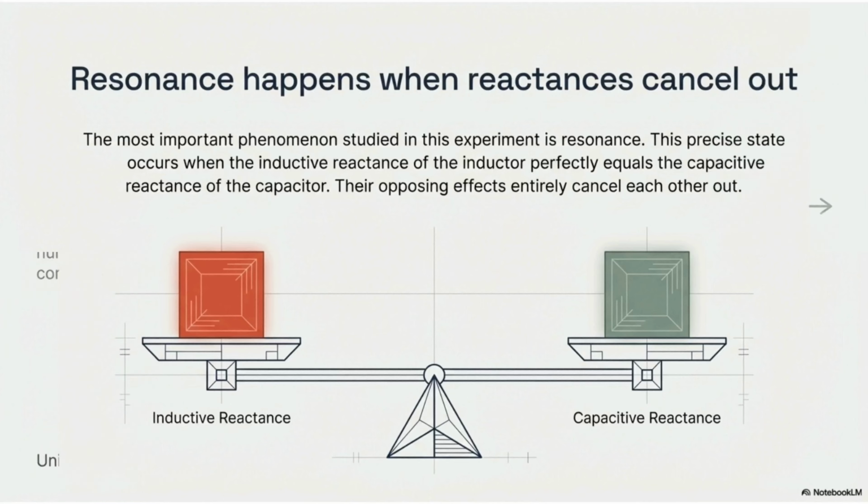The most important phenomenon studied in the experiment is resonance. Resonance occurs when the inductive reactance of the inductor becomes equal to the capacitive reactance of the capacitor. In other words, when the effects of the inductor and capacitor cancel each other, at this condition the circuit responds strongly to that particular frequency.